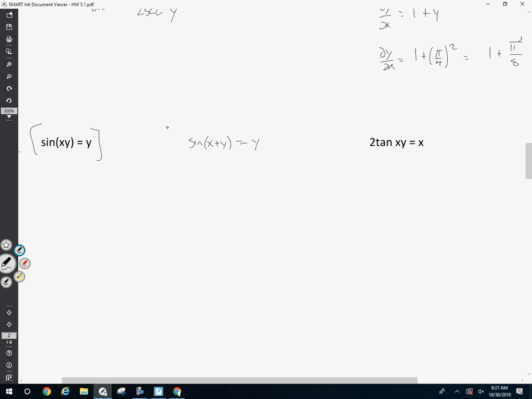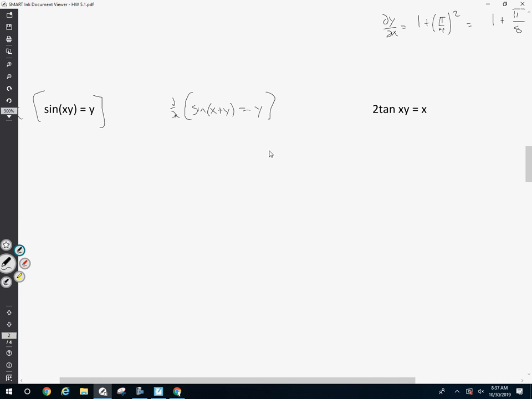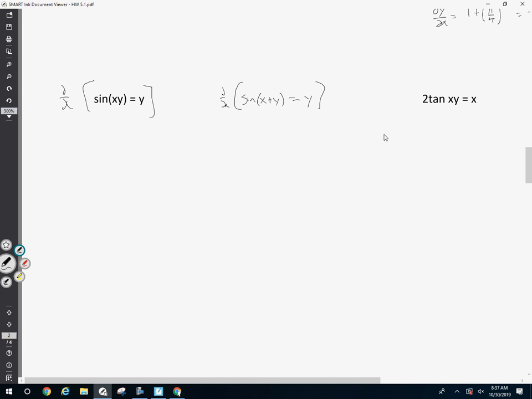I just want you to see the difference between the derivatives of the two. I'm going to actually start with this one here. Okay, now O's and I's are important to understand here. The outside is the sine. The inside ends up being the x plus y. We didn't really have to worry about this for any of the ones on the previous page. Derivative is cosine. The derivative of x plus y is 1 plus dy dx.